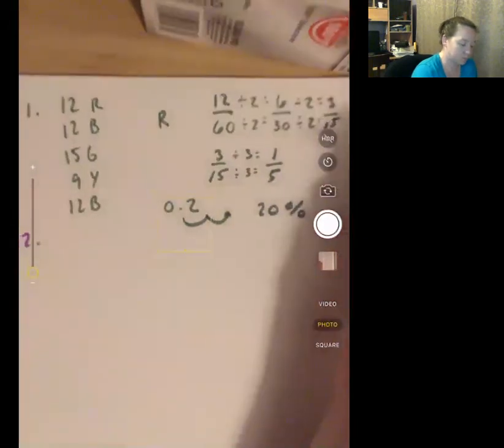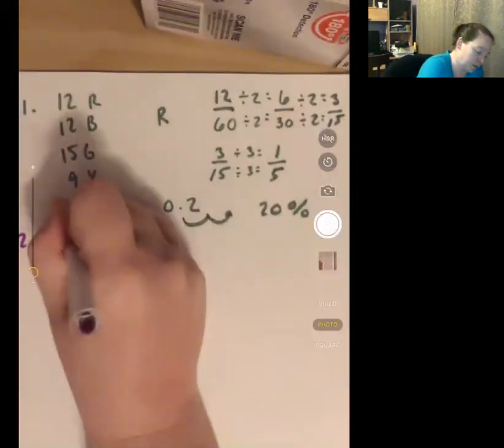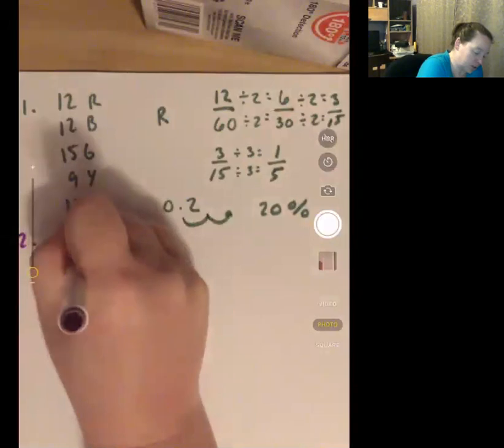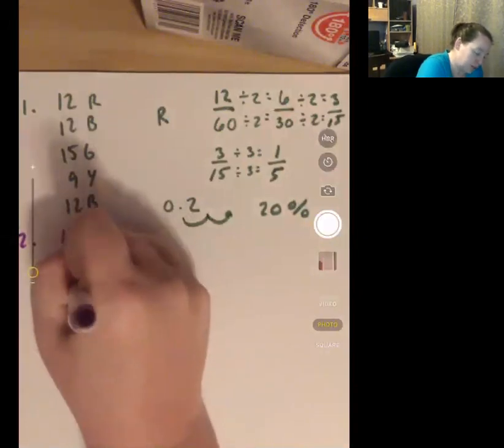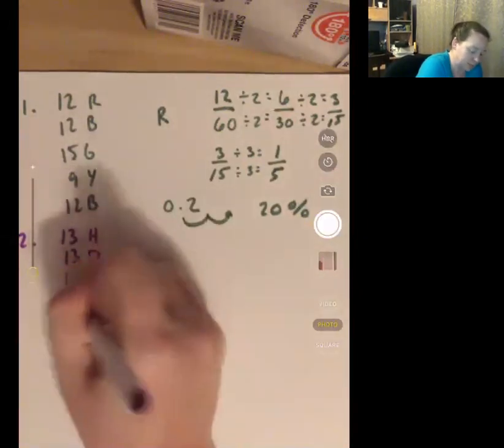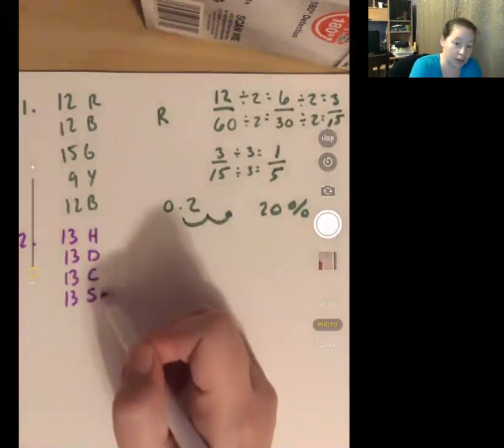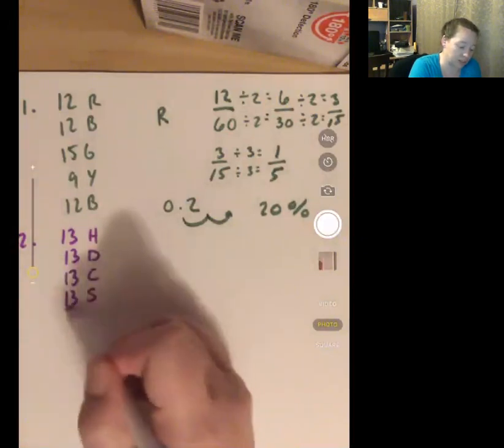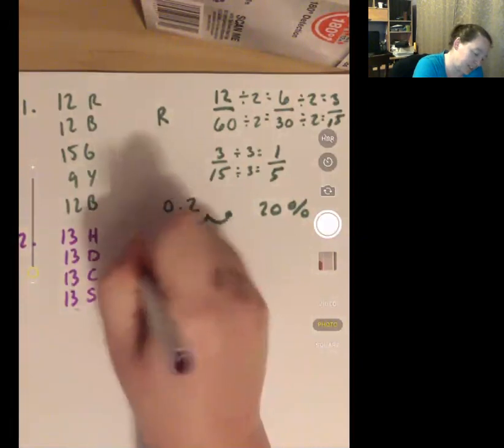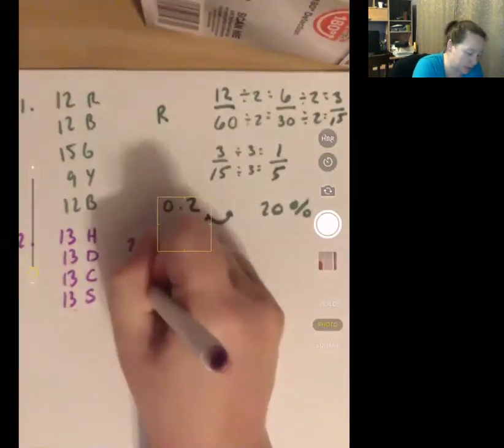Okay, so 13 hearts, 13 diamonds, 13 clubs, 13 spades. Okay, heart or, no, sorry, diamond or spade. So that's 2 options. 13 plus 13 is 26 out of 52.